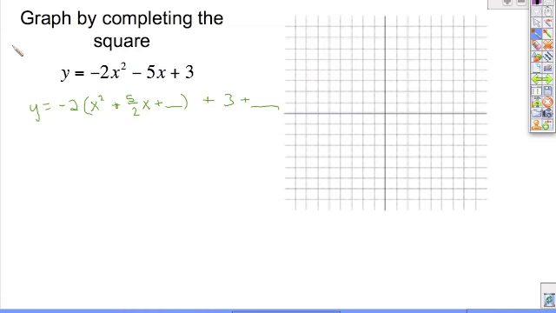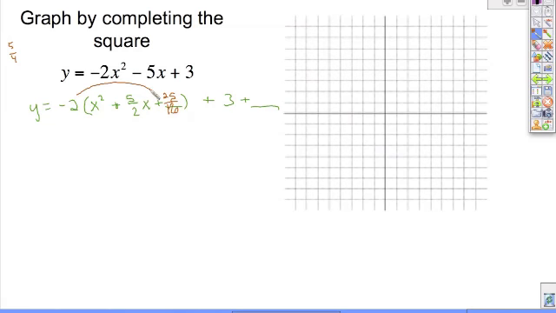So I'm going to take 5/2 and chop it in half. That's 5/4, and then I square it. 25/16 is this mystery number. And I have to keep this equation balanced. I can't just add something without doing it to this other side or doing the opposite of it to the same side.